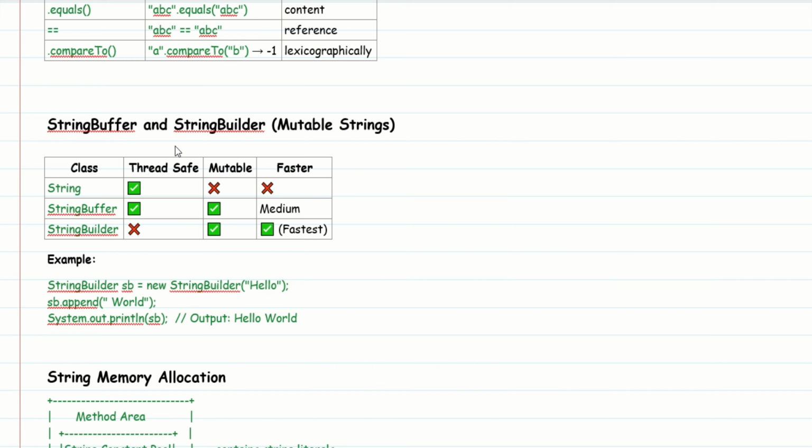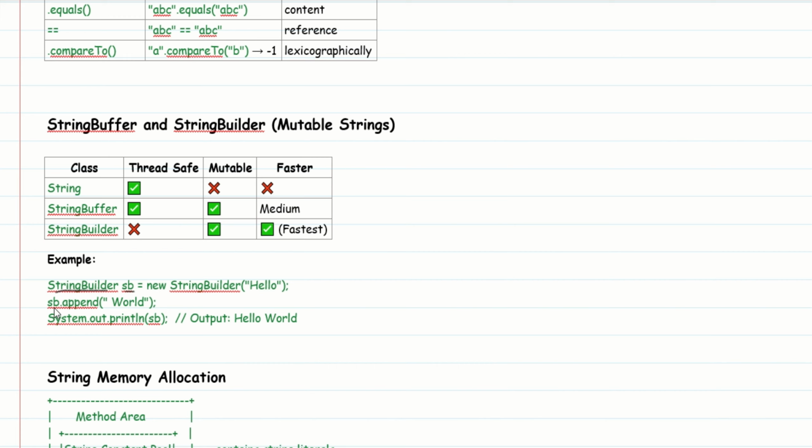To create a StringBuffer or StringBuilder, you use the class name, the new keyword, and pass the required value. When you use append, the same object gets changed, so it's mutable. You can see I have created a variable sb, that is a StringBuilder. The same approach can be used for StringBuffer as well.